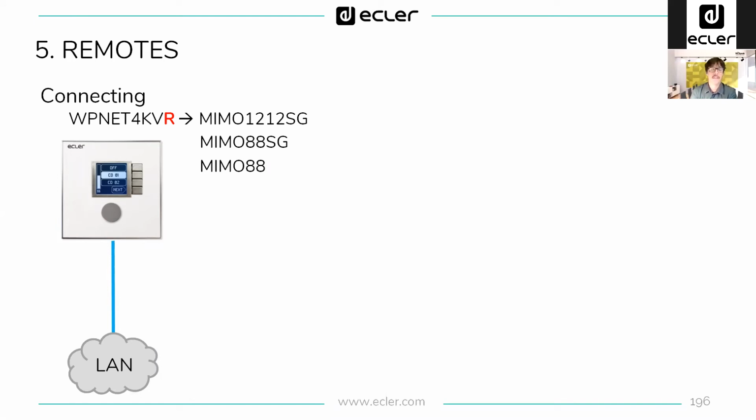We managed a workaround to use them with that kind of devices, but this is a special firmware. So you have to change the firmware of WPNet 4KV to the one you will find in the firmware package, that is WPNet 4KV R. The same for the 8K.